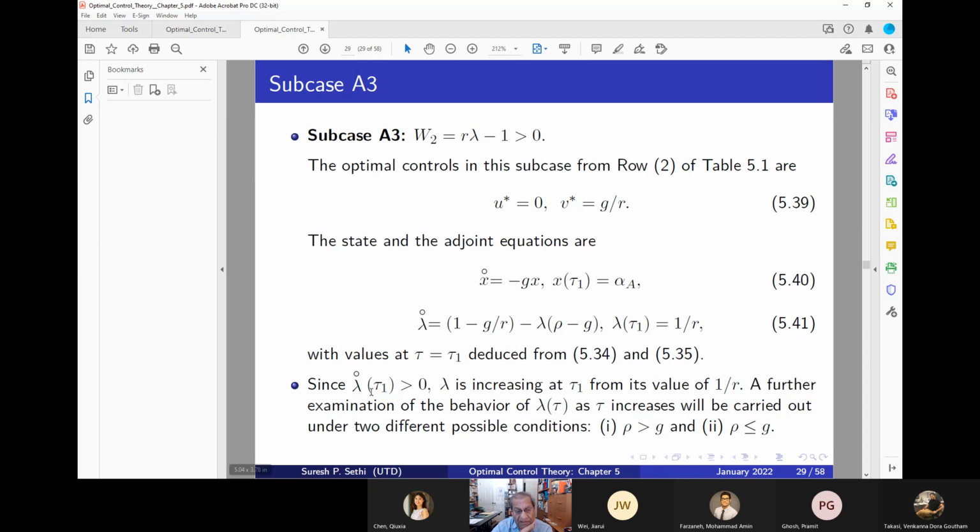And lambda circle at tau 1 is bigger than 0. Lambda is increasing at tau 1 from its value 1 by r, and the increase, we will examine now what happens to this increase in two cases. One is rho bigger than g, and one is rho less than or equal to g. Remember, g is the growth rate.